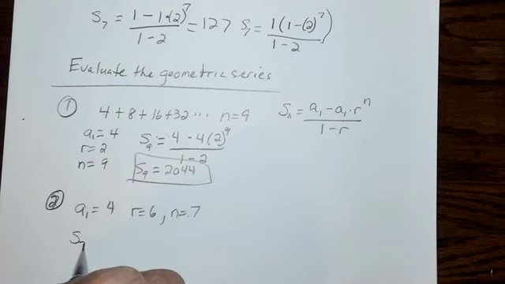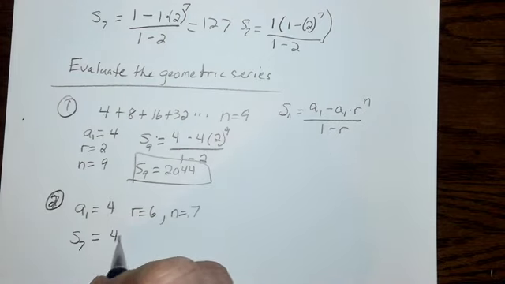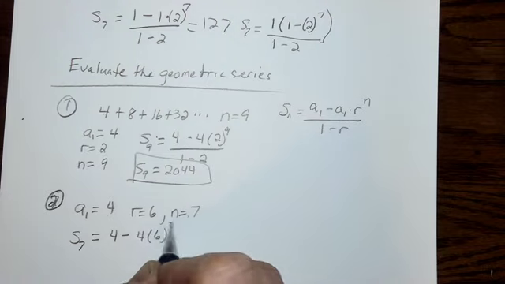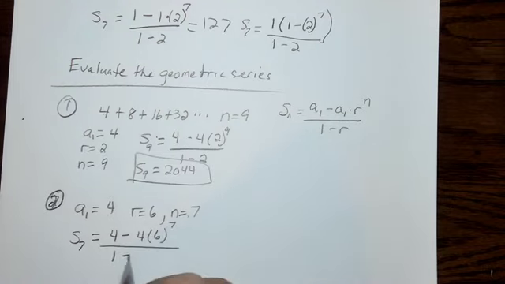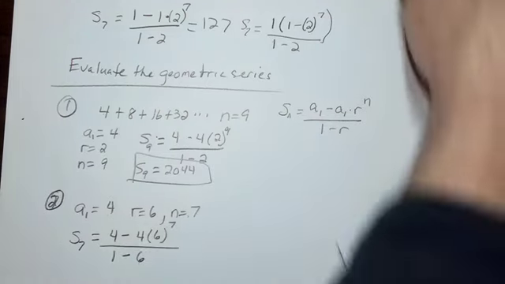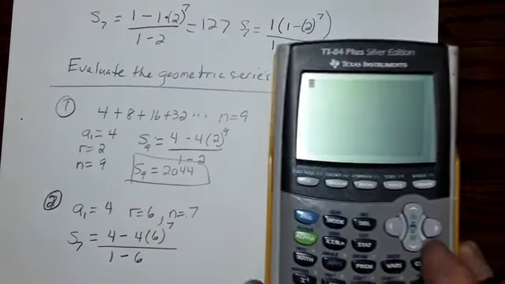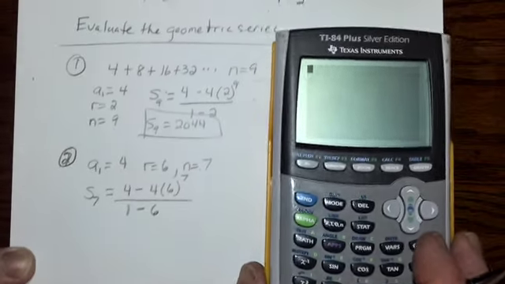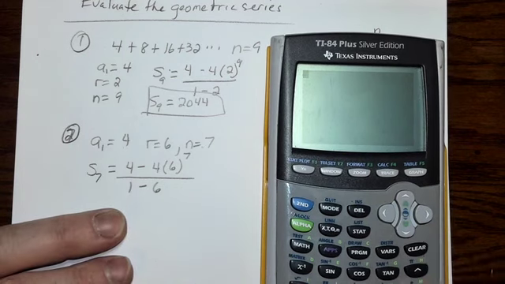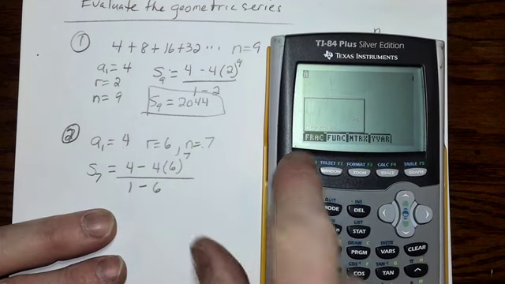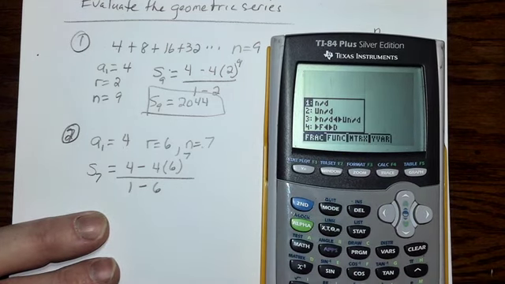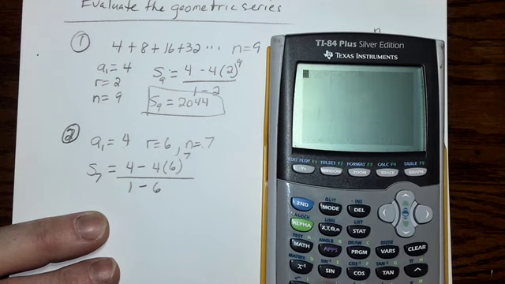So S of 7, n equals 7, is equal to a1 minus a1 times r to the 7th over 1 minus r. Just take your calculator then, and we're just going to put that in the calculator. I'm going to go alpha y equals, enter.